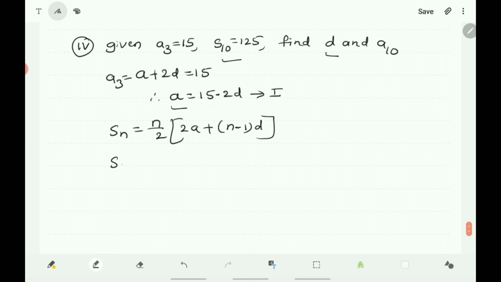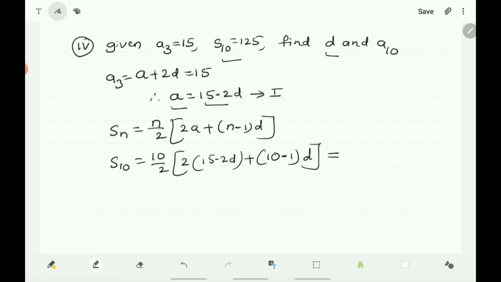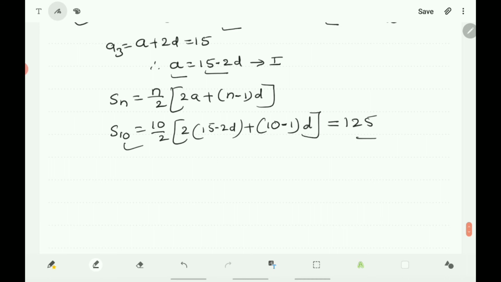That is S10 here. S10 means 10 by 2 into 2a, and for a you write 15 minus 2d, plus n is here 10 minus 1 into d. So S10 is how much?